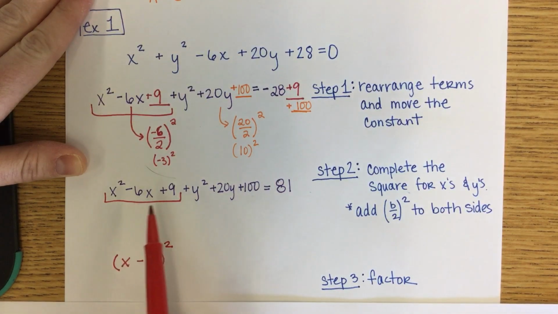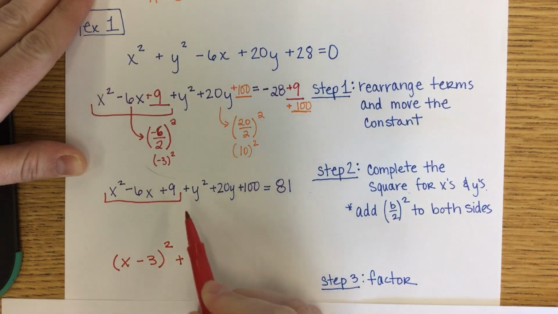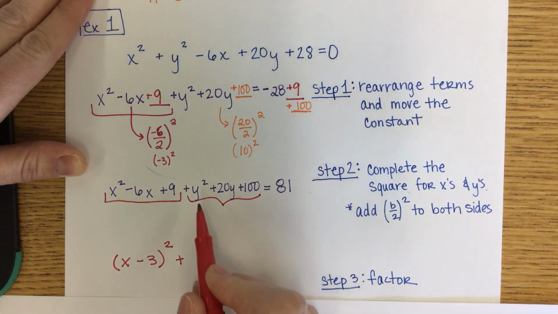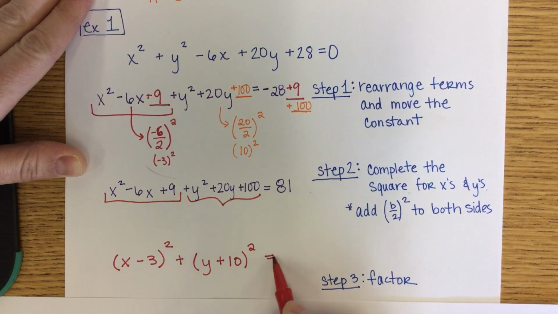This x squared minus 6x plus 9 is the same thing as x minus 3 squared. Then I'm going to factor my y's. The y squared plus 20y plus 100 is going to factor to y plus 10 squared. And then we're still going to have equals 81.